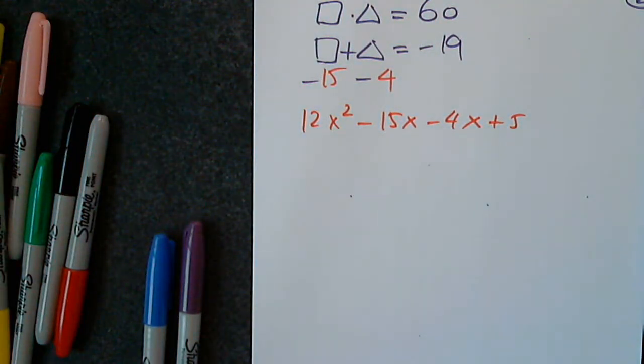Now, at this stage, I broke down the negative 19x into negative 15x and negative 4x. If I go back and combine them like terms, I'm making 1 step forward and 5 steps backwards. I'm not going to combine them. I want them to be 4 terms.